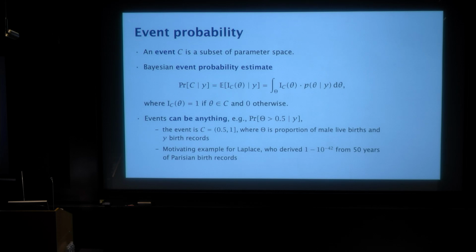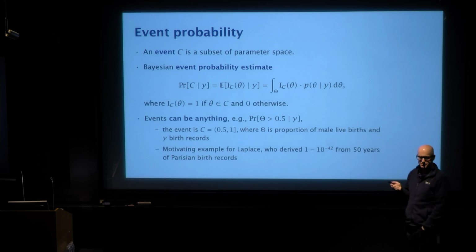Right? We also might want to do event probability. Bayes isn't just about doing the probability. We might want to estimate, hey, how many people are going to have COVID next week? Who's going to win the World Series? Who's going to win the election, I guess, if we're talking about something more on everybody's mind. So we can do a Bayesian event probability estimate. An event in statistics is just a set of parameters. Right? So that's all it means to be an event.